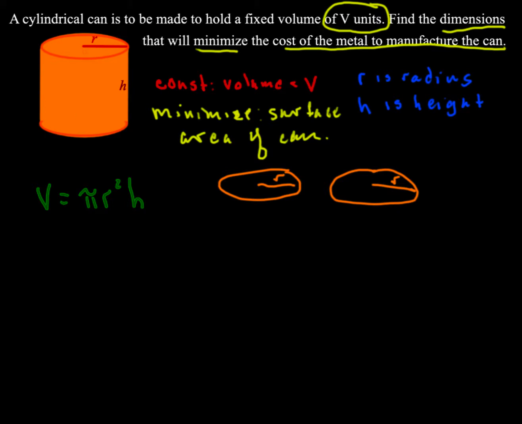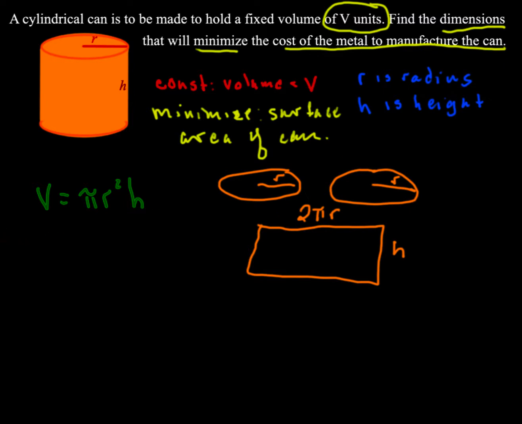And then the side, if we were to snip down the side and open it up, is a rectangle whose height is h, and its width has to run along the circumference of the circle. The circumference of a circle is 2 pi r, so the width is 2 pi r. So the surface area is the area of these 3 things added together.